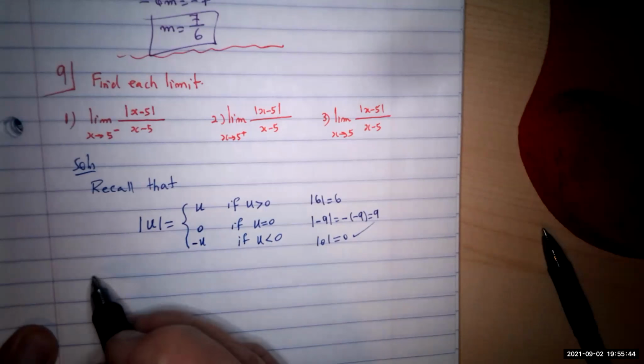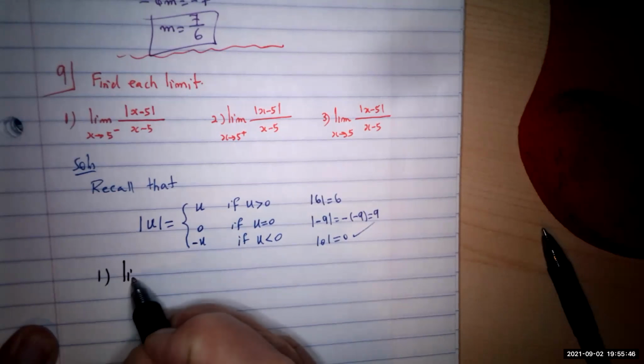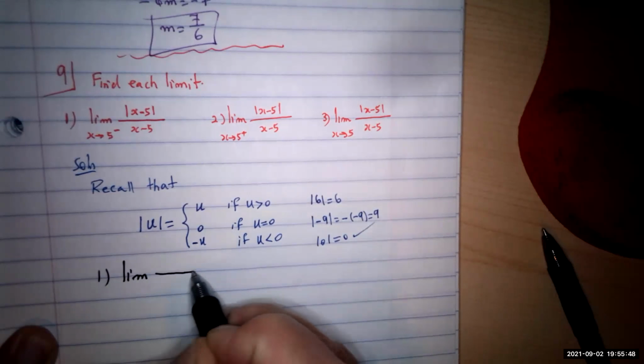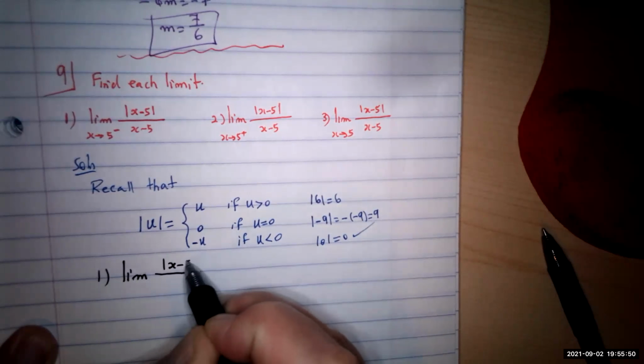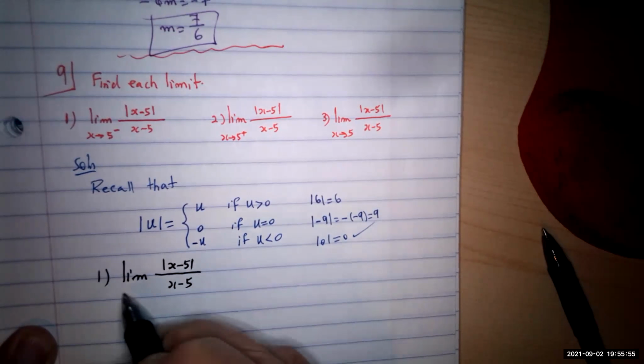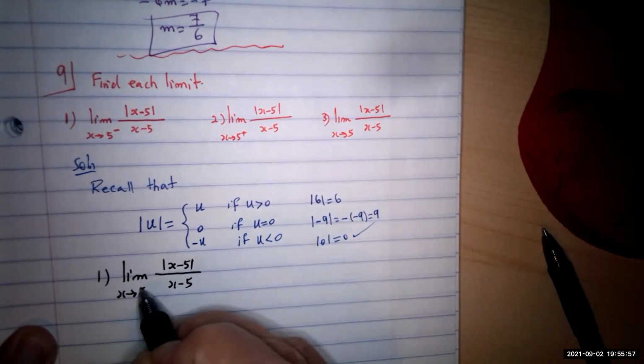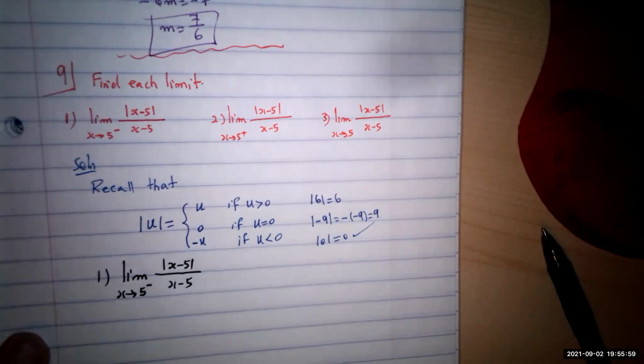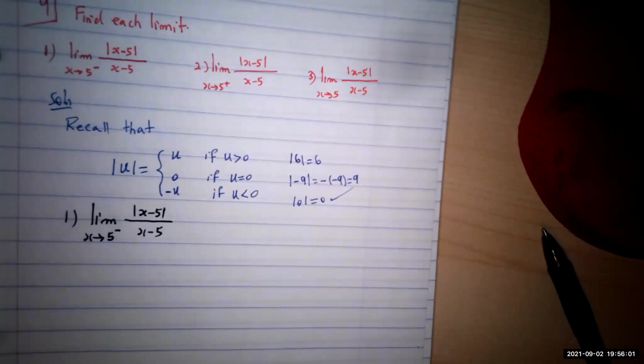So let's take the first part. You want to find the limit of the absolute value of x minus 5 over x minus 5 when x goes to 5 negative. You have to check to see what this absolute value is.